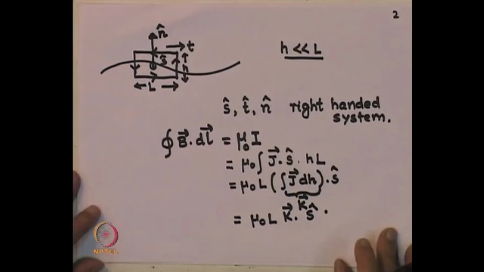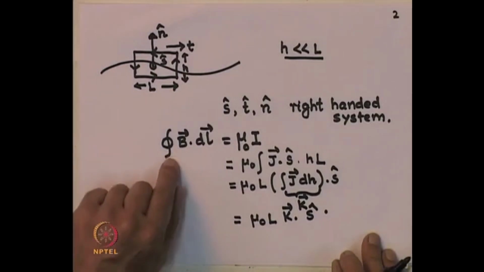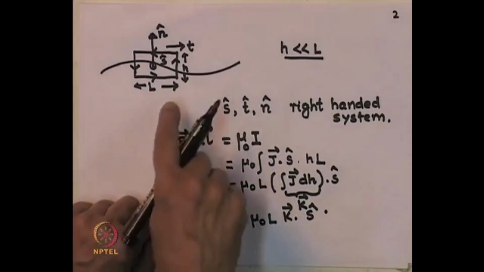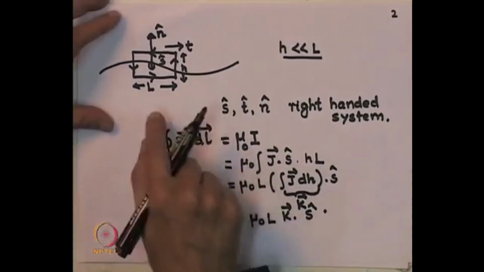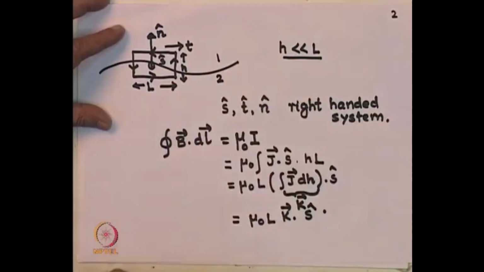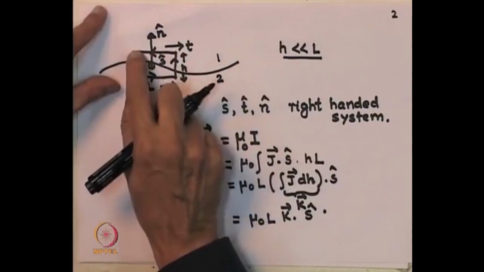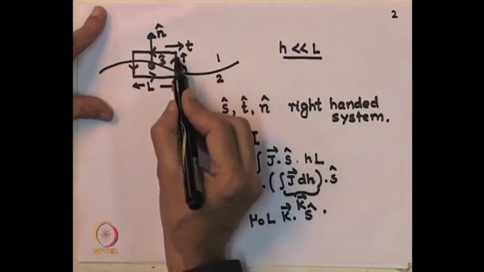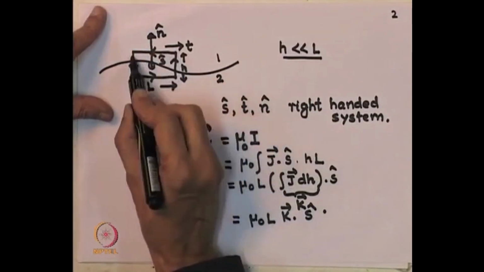So, let us look at the left hand side. I have called this loop 1, this is loop 2. I have taken this as the direction of the Amperian loop.